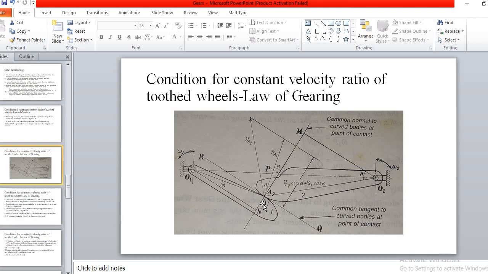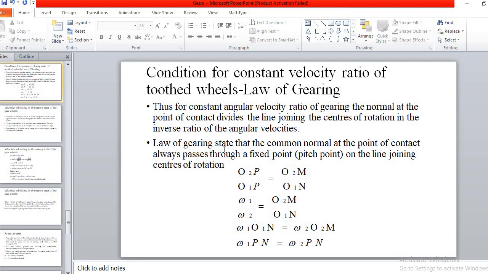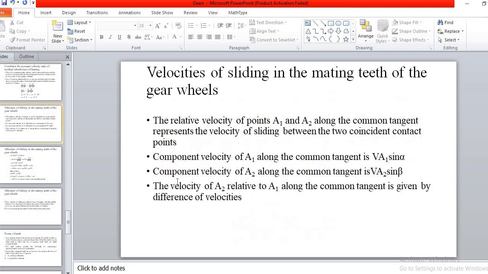Their linear velocities are represented as VA1 and VA2. The difference between these two is nothing but the velocity of sliding in the mating teeth.